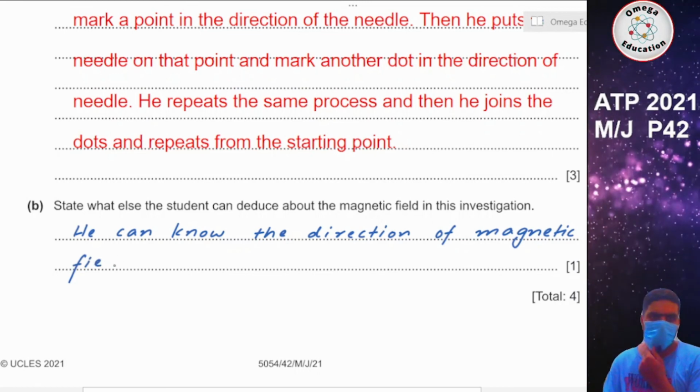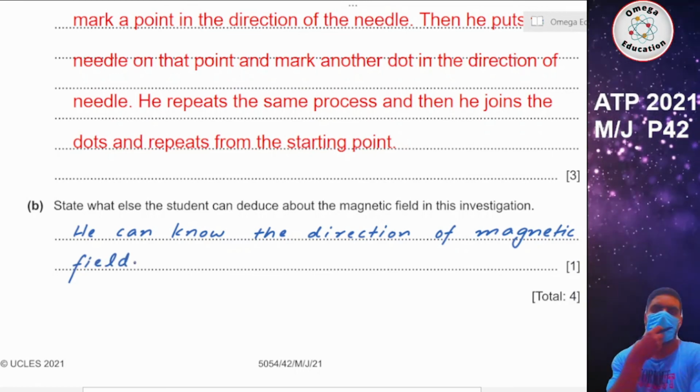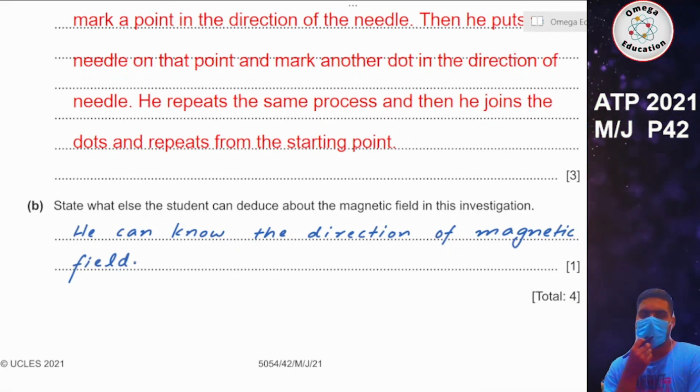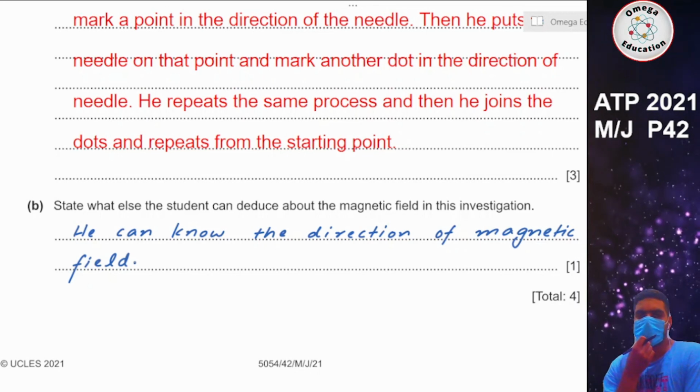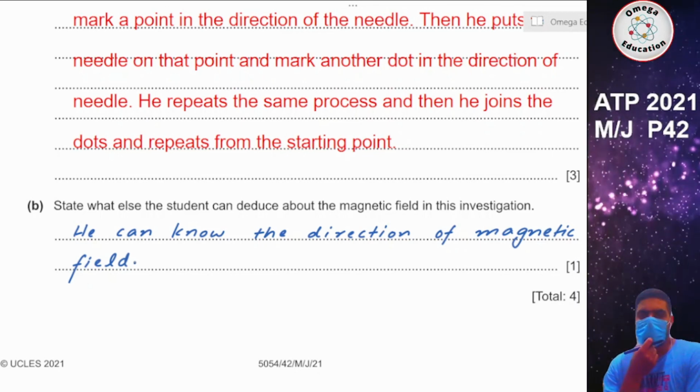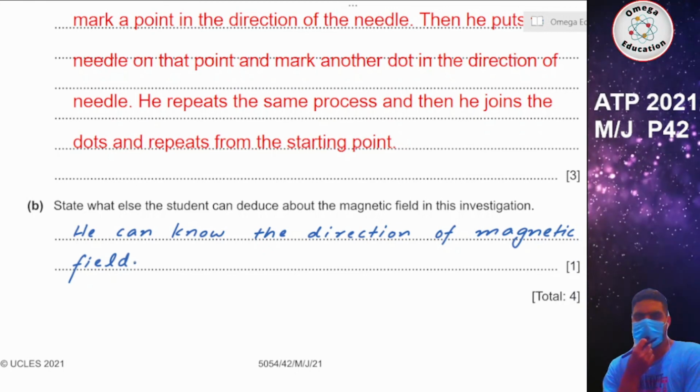So no need to answer what would be the direction of magnetic field in this case, because that is not the point of the question. The question was just to tell what else can be found in this investigation.